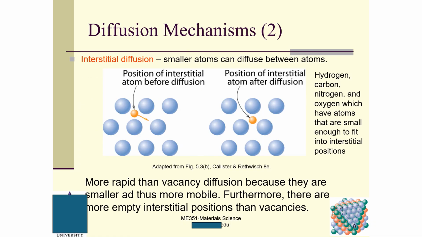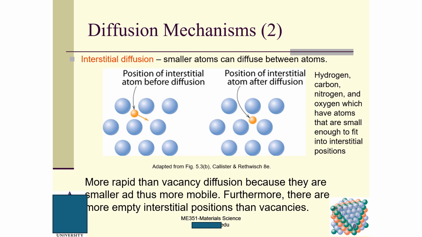Okay, and then we talk about the second diffusion mechanism. This is called interstitial diffusion. We have smaller atoms that can diffuse from one location to another between atoms. These are bigger atoms, and we have small atoms, colored yellow.